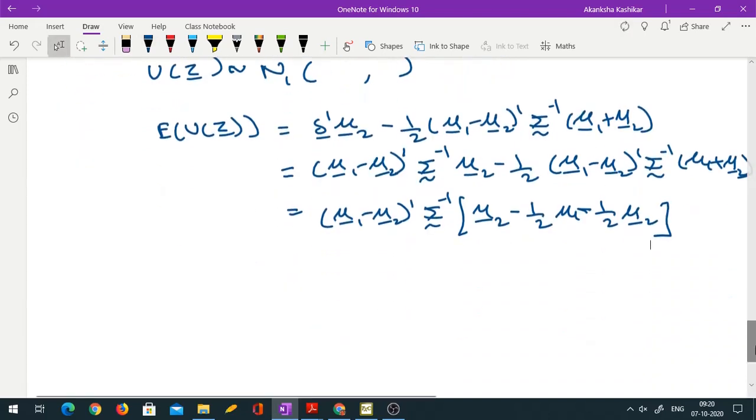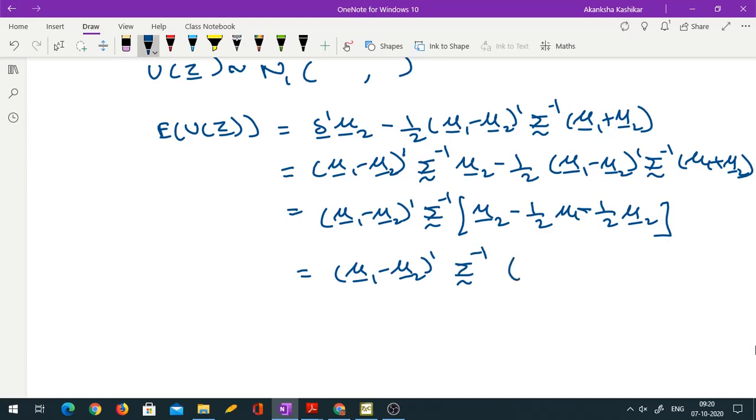So what I have is mu1 minus mu2 prime sigma inverse, and I have mu2 minus half mu1 minus half mu2, which is half mu2 minus half mu1.